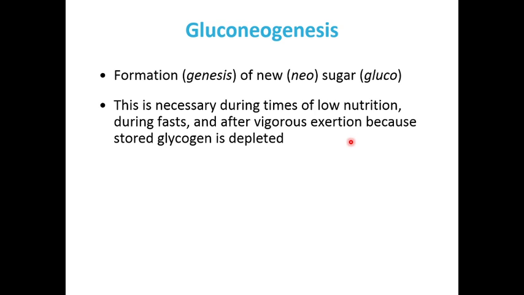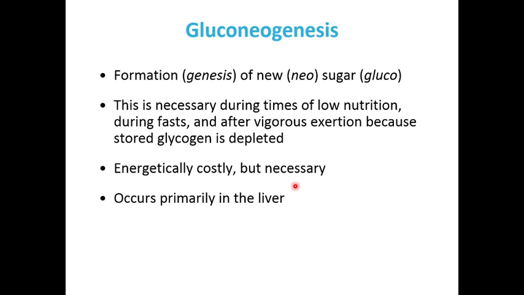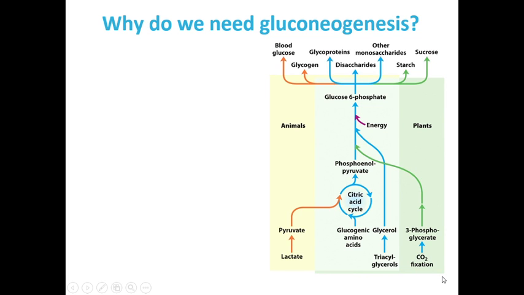And during exercise, this glycogen is converted to glucose, which is used for glycolysis. Gluconeogenesis is energetically costly, but it is necessary. This process occurs primarily in the liver, and it is almost the reverse of glycolysis.